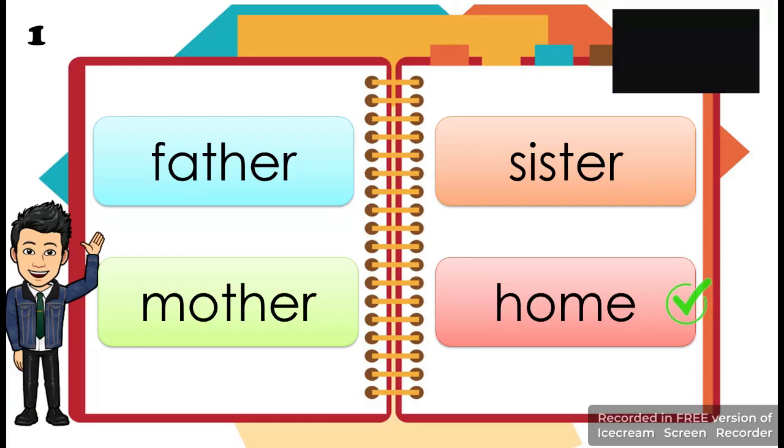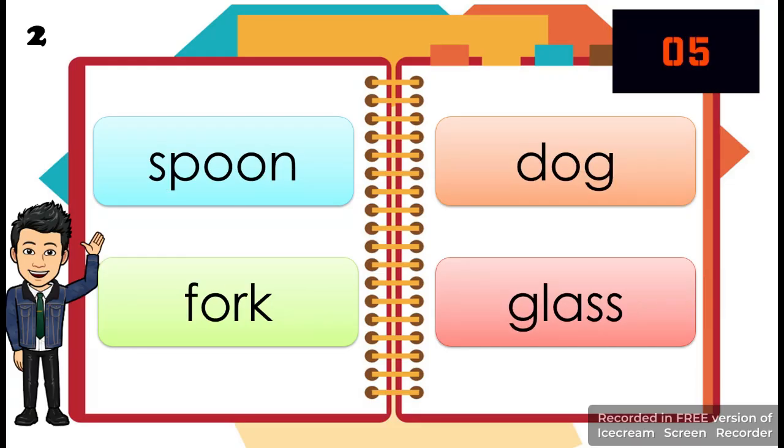The correct answer is home. Number 2, spoon, fork, dog, and glass. The correct answer is dog.